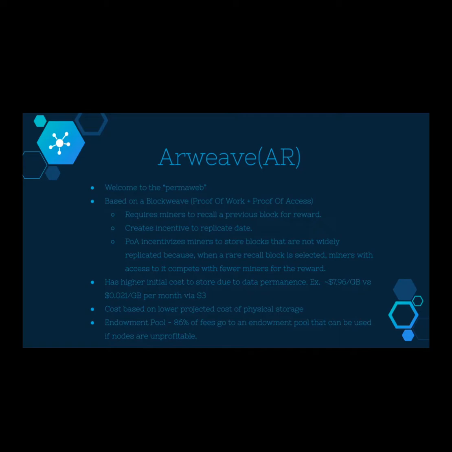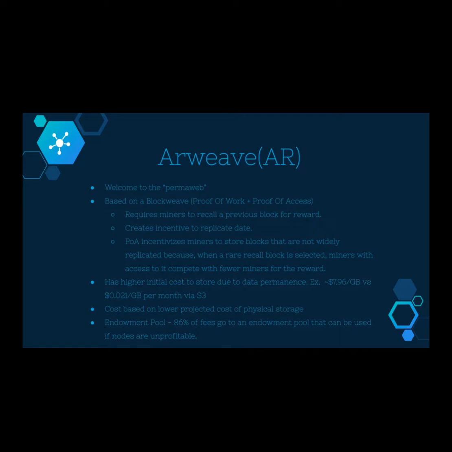Right? So you're paying that big cost up front. And what they're betting on here, and this is super interesting, is a 30% reduction in storage cost per year. So over the past 50 years, storage has come down about 50% per year, or 30% per year.